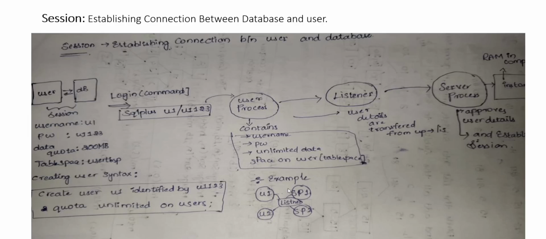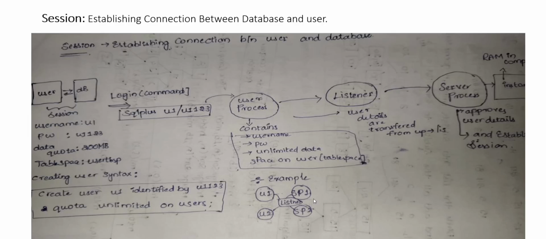User details, in the sense, are the username, password and session ID that a user gets when it is created, and how much data space has been allocated. These are the user details that are stored in the user process when a user is logged in. After that, this user process will share these user details with the listener.